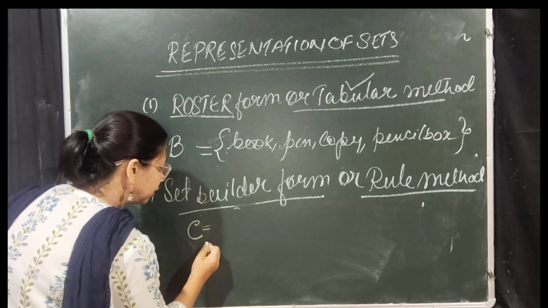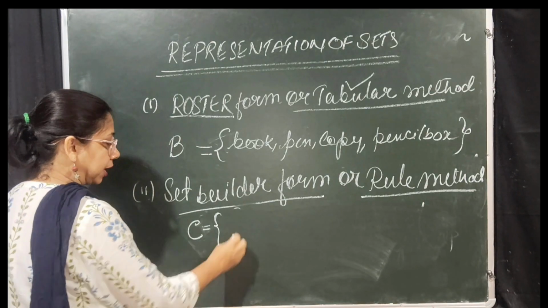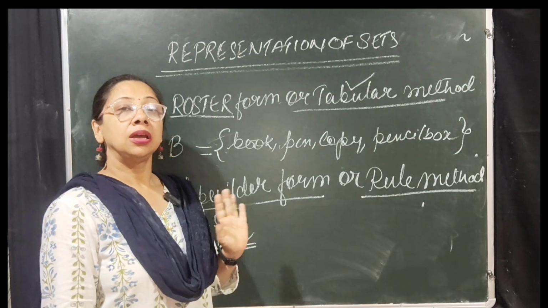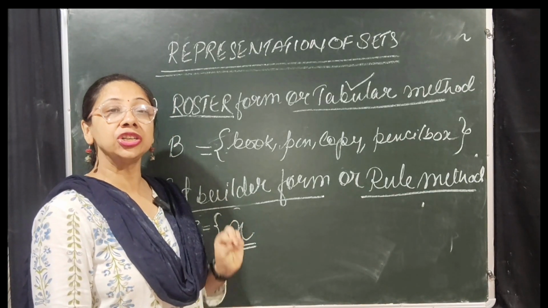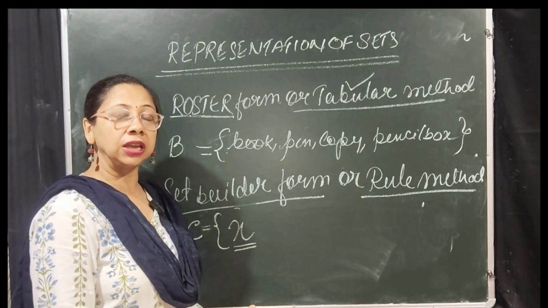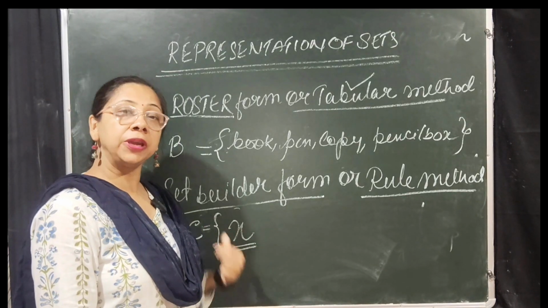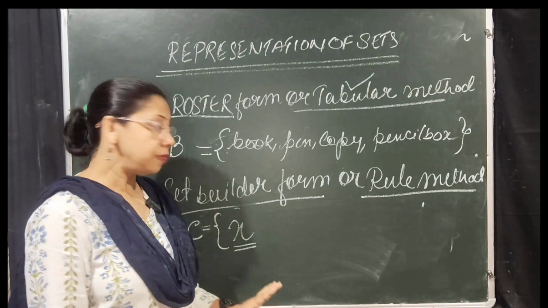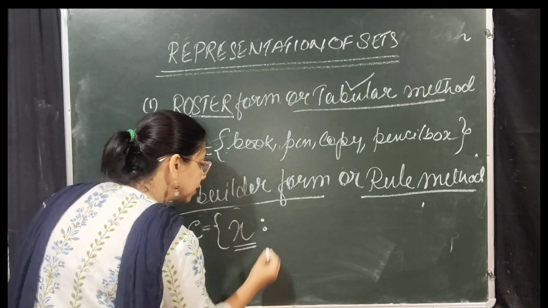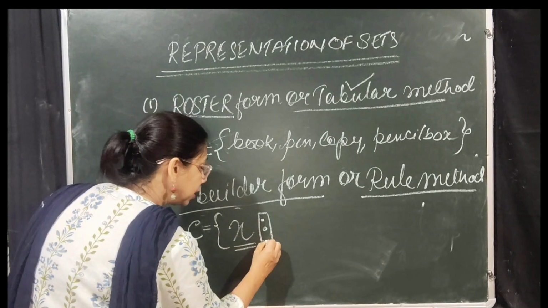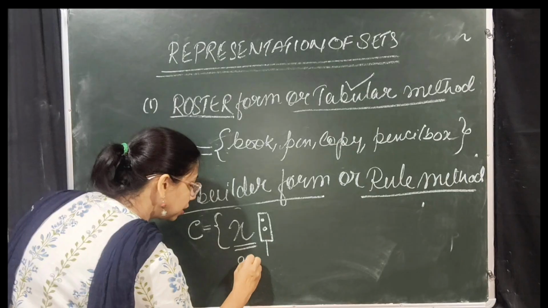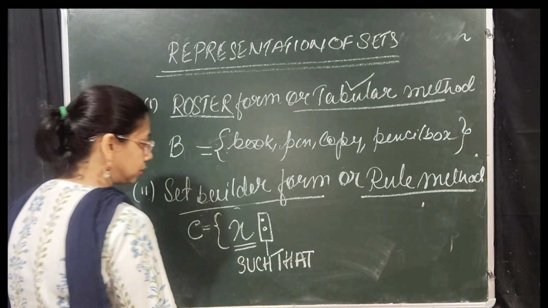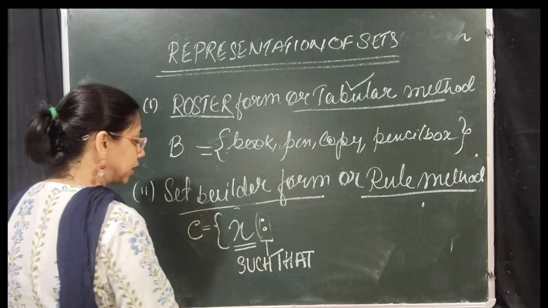Let us take C as the set, then we will give curly brackets, x. Here x is not an English alphabet. x represents a variable. That could be any name, any number, any alphabet, anything. So, x such that, this particular symbol is read as such that.